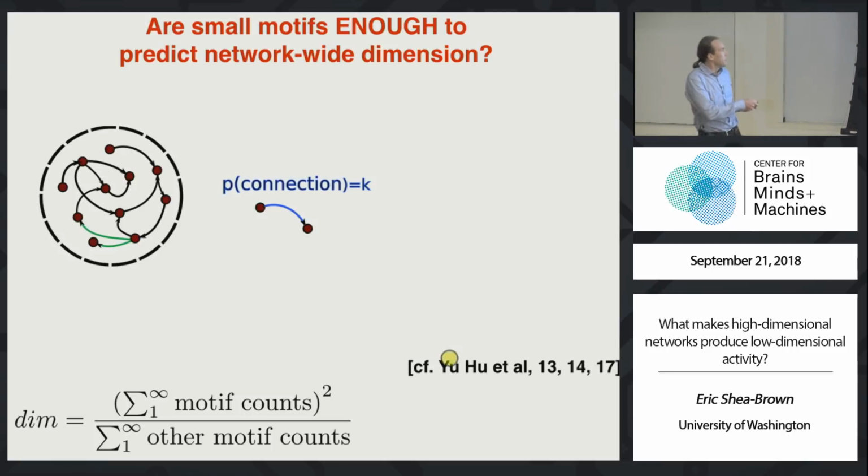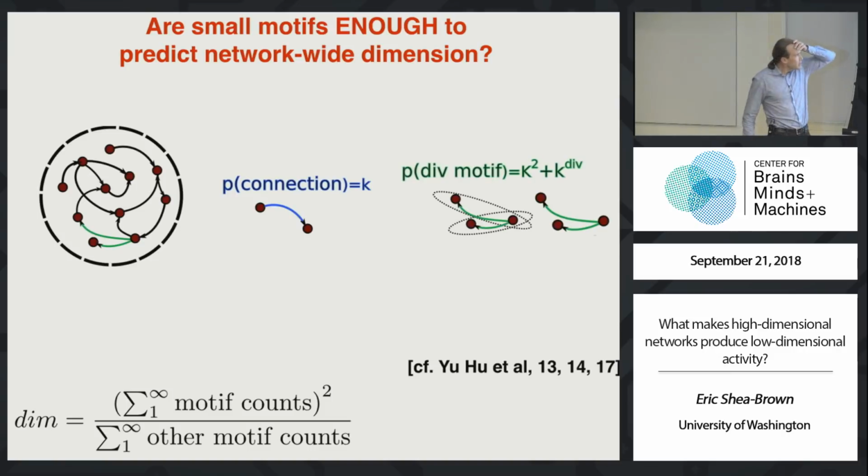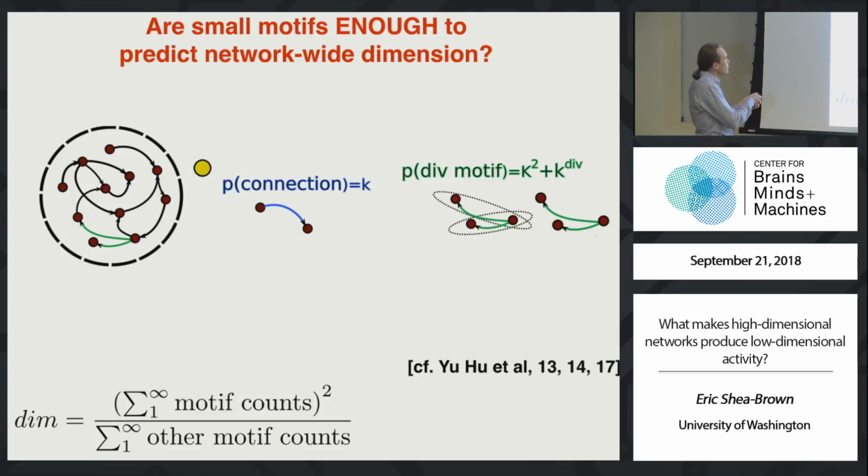OK, what are some of the ingredients here? Well, I got motif counts, right? And these are proportional to the probabilities of connections. Is there another way of talking about the probability of these motifs occurring, about the density of these ingredients in my network? Maybe I can say, well, probability of, for example, this green motif occurring is whatever I would have expected by knowing about shorter motifs, right?